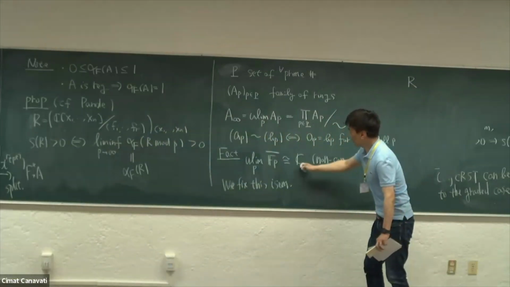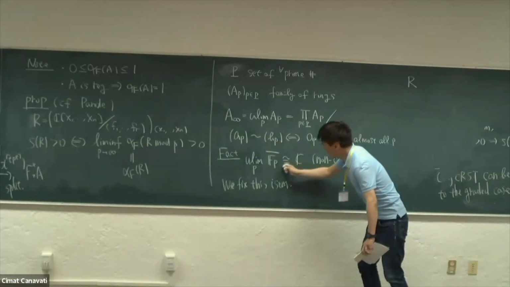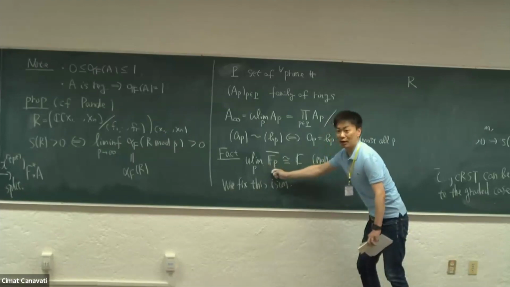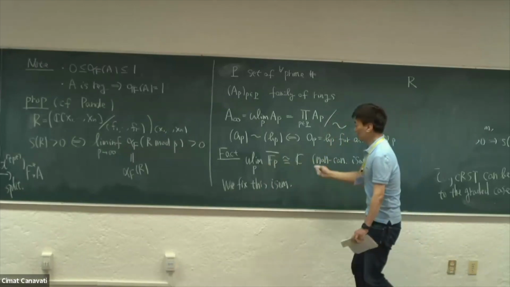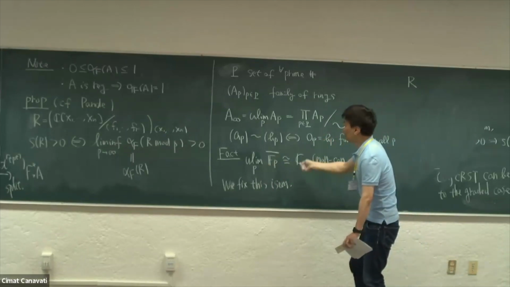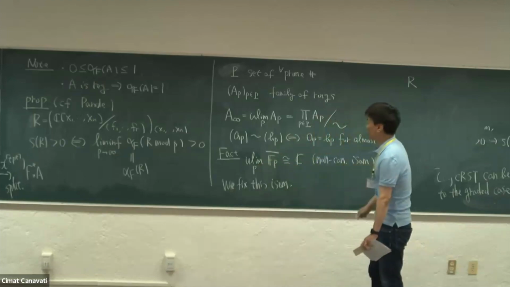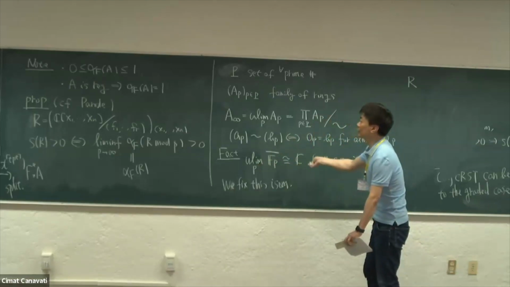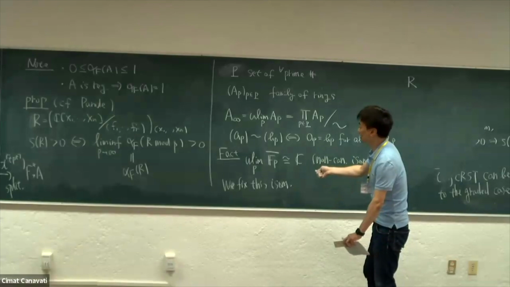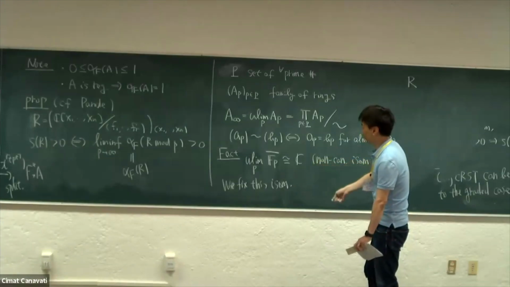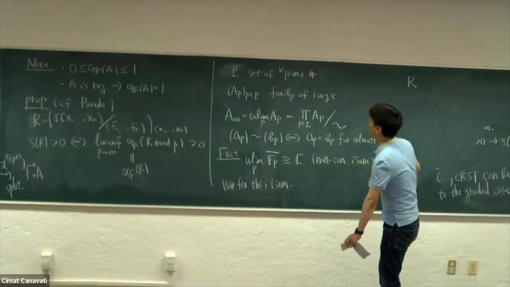So a complex number corresponds to some sequence of elements of F_p bar. If you pick one complex number, then you get a sequence of elements of F_p bar. So for each p, you have a corresponding element in F_p bar.